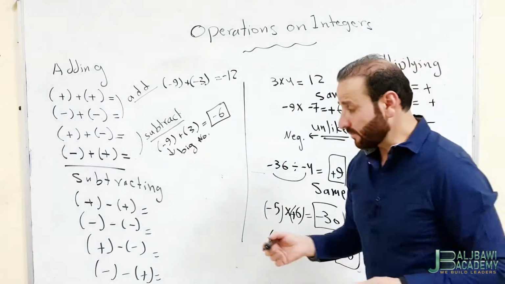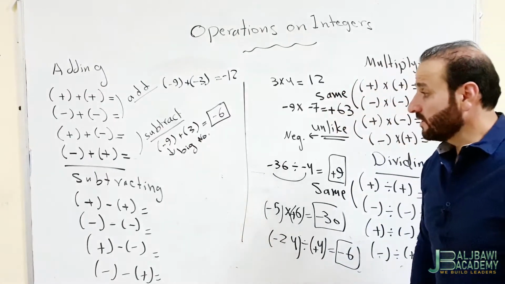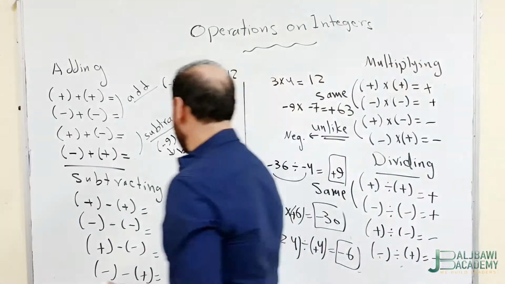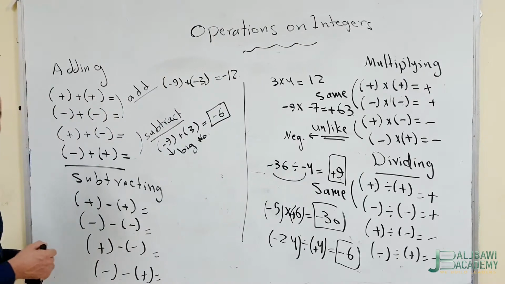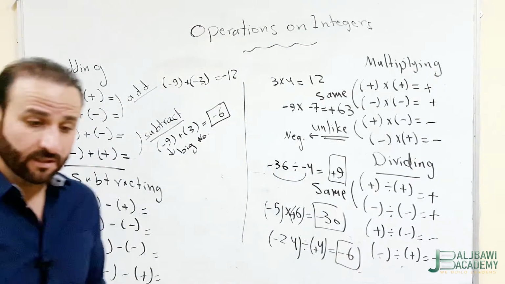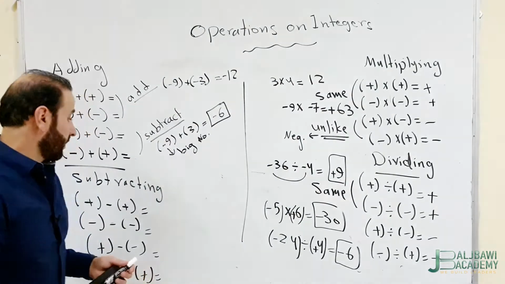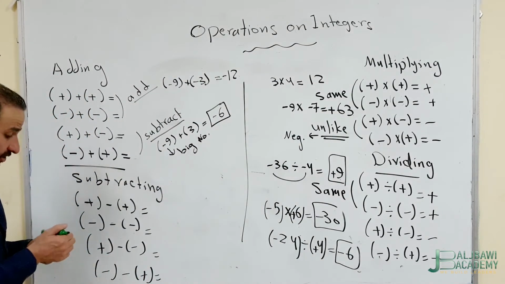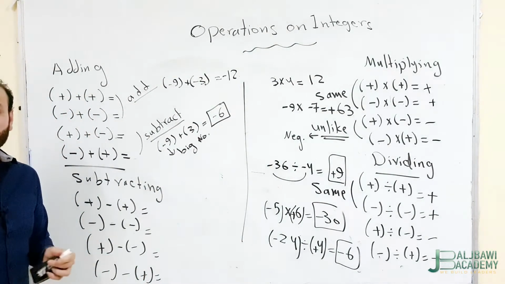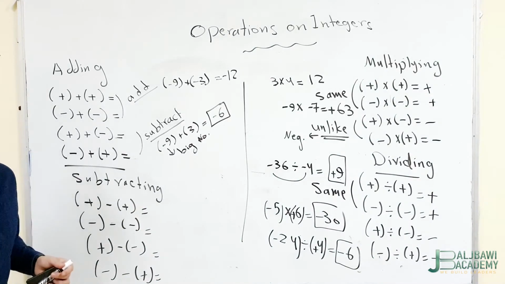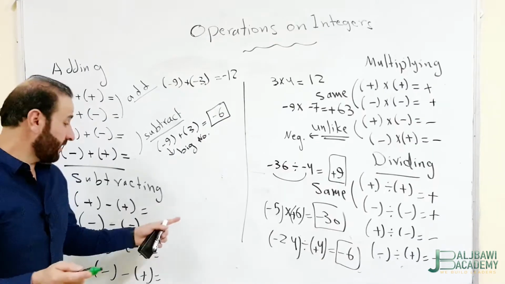Now, as for subtracting integers, I will give you the way. The most important point for subtracting integers is that we change it to addition and apply the rules of addition. This is the easiest way. There are many ways, but this is the easiest way.